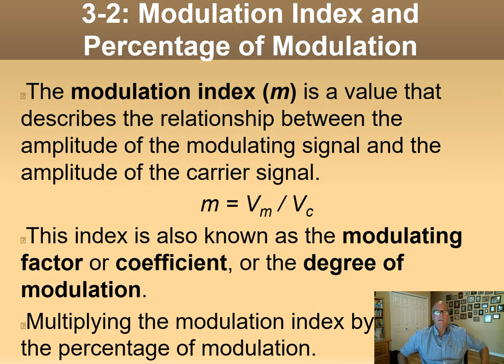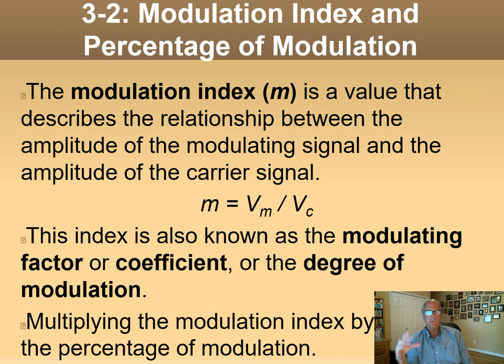So the modulation index, going back to that, is the expression V sub m divided by V sub c, which is the modulation voltage divided by the carrier voltage. It's also known as a modulating factor or coefficient, degree of modulation. We often multiply it by 100 to give percentage of modulation. The most modulation you can have, of course, is 1 or 100%, otherwise distortion occurs.